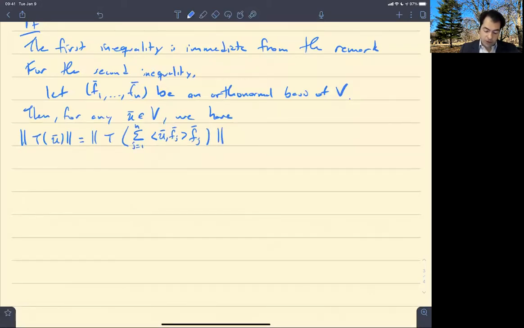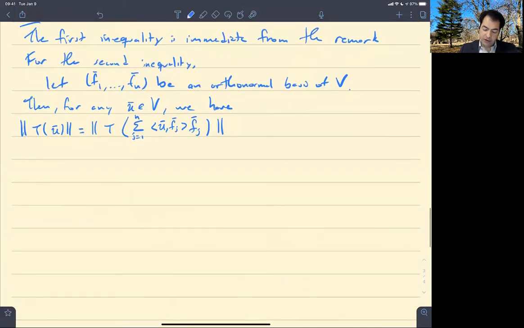So the size of T of U is equal to the size of T of this linear combination. And then we can write that as, because T is linear, I can pull out the sum j goes from 1 to n. And let's go ahead and pull out the coefficient as well. Inner product of U with fj, and then T of fj.